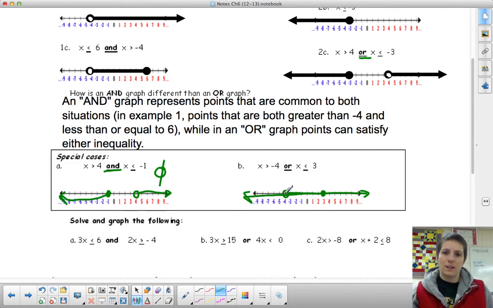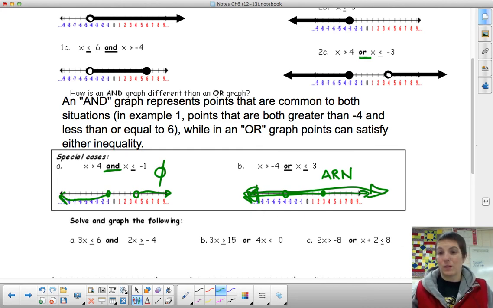Well, if I could be on the arrow pointing to the right, and I could be on the arrow pointing to the left, I could be on any point I want to be on. This is a situation where any real number, or all real numbers, will work. So my graph should really be entirely darkened and both arrows filled in.